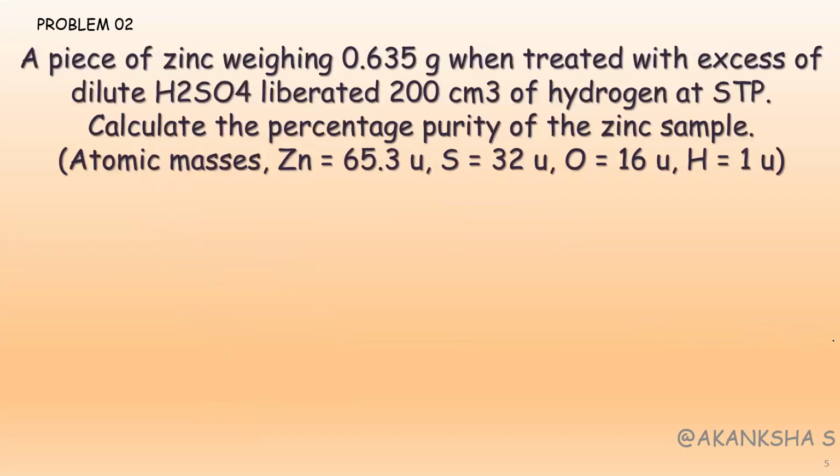Let's try another one. They are giving you some information, so first try to grasp it. They are saying a piece of zinc weighing 0.635 gram, when treated with dilute H2SO4, so there are two reactants, zinc and H2SO4, liberates hydrogen as the product.